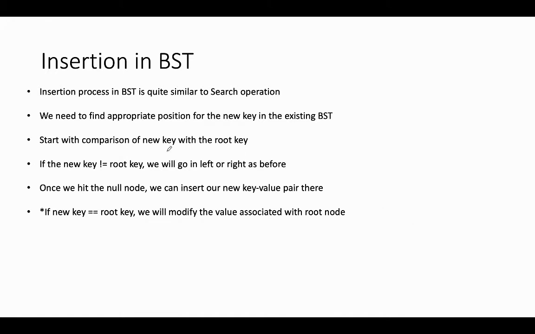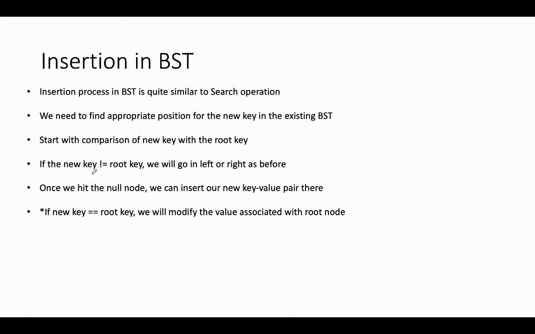Start with the comparison of the new key with the root key, just like we do in the search operation. If the new key is not equal to the root key, then we will go either in the left subtree or right subtree depending upon the comparison. Once we have hit the null node, we can insert our new key value pair right there.